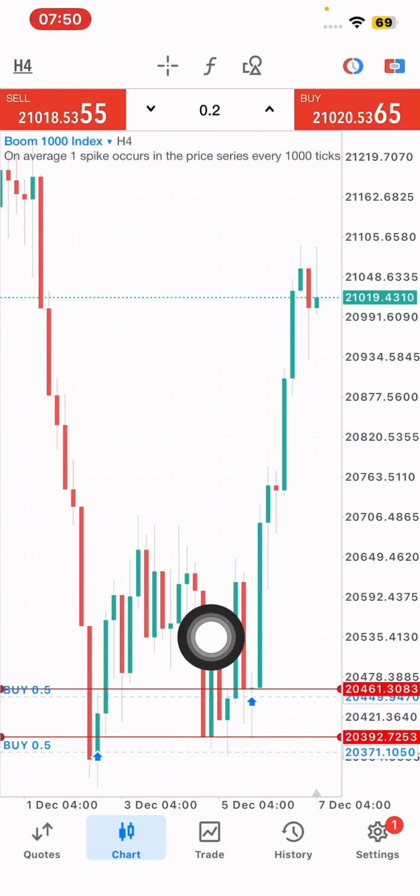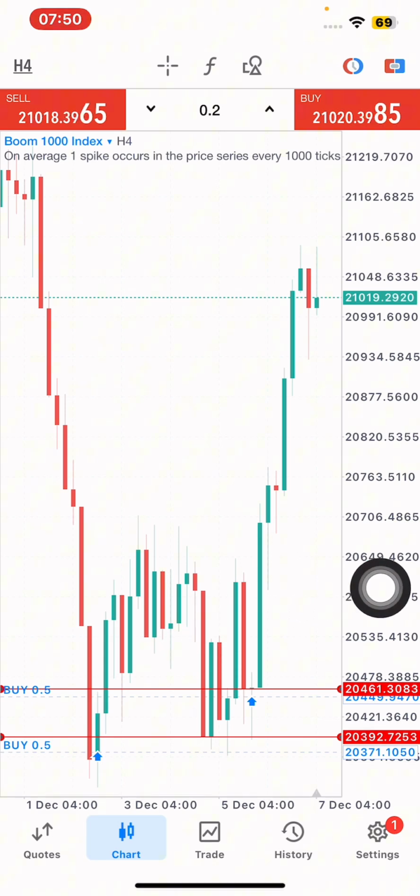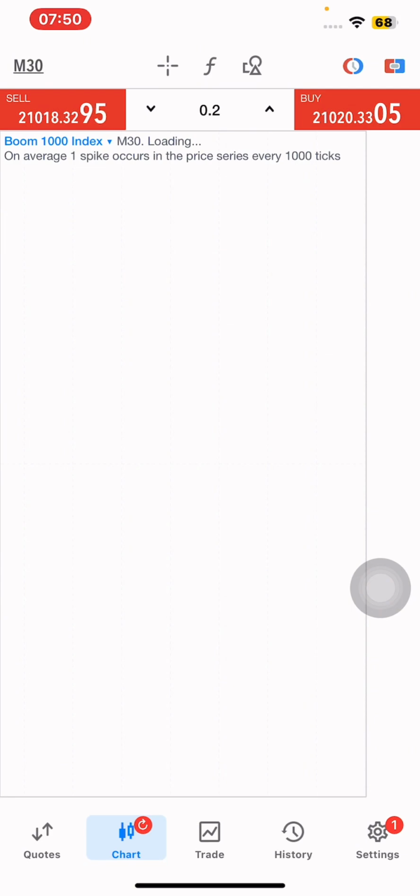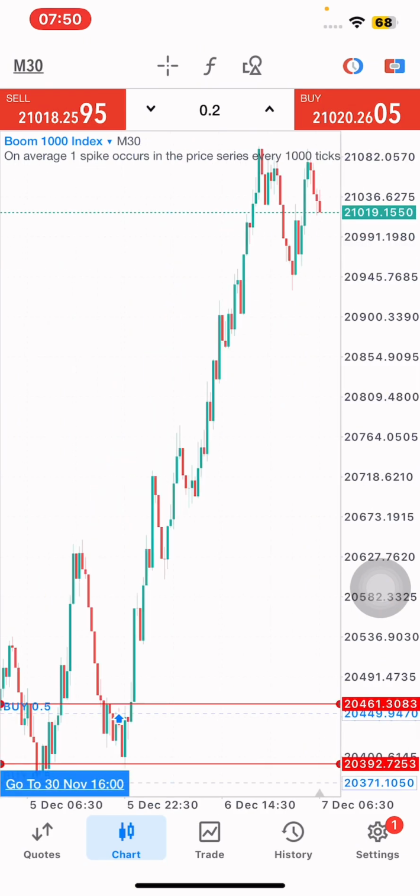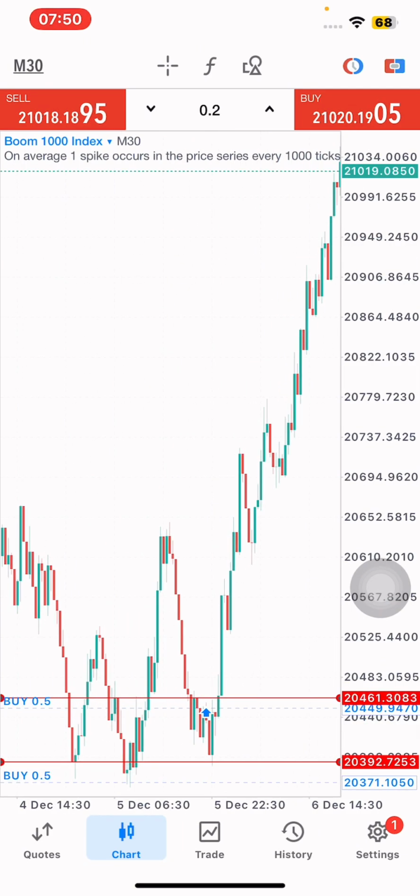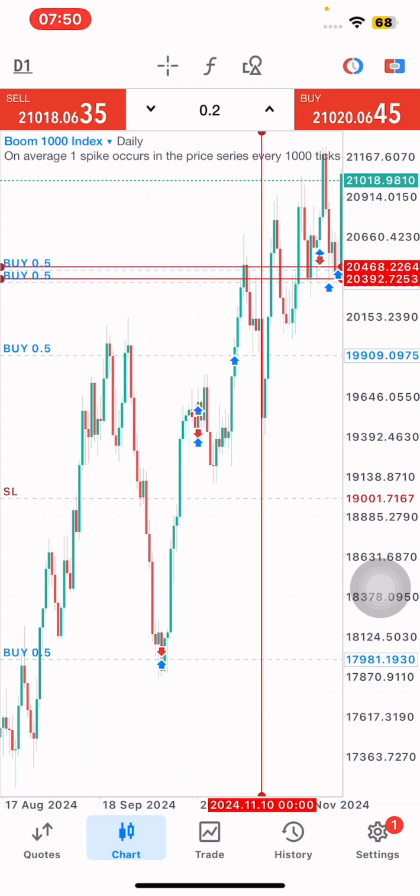Then you'll go back to 15 minutes or 30 minutes, within this zone you marked, in between the daily highs and the daily lows. Let's go back to 30 minutes. Okay, sorry, I touched this. Let me adjust it.